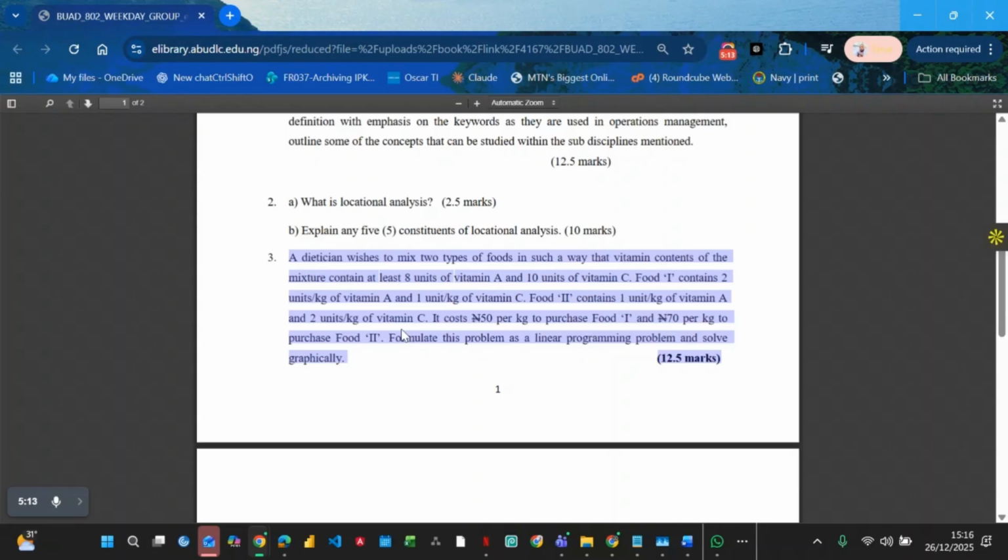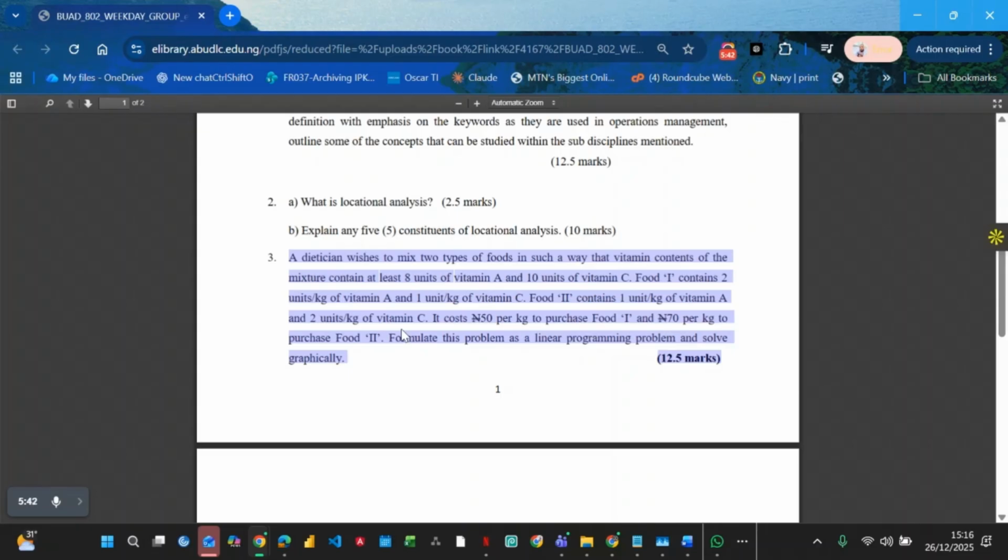Then food two contains 1 unit per kg of vitamin A and 2 units per kg of vitamin C. It costs 15 naira per kg to purchase food one and 70 naira to purchase the other food, which is food two. Now they said formulate this problem as a linear programming problem and solve it.